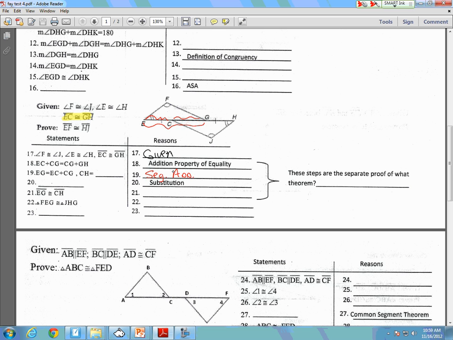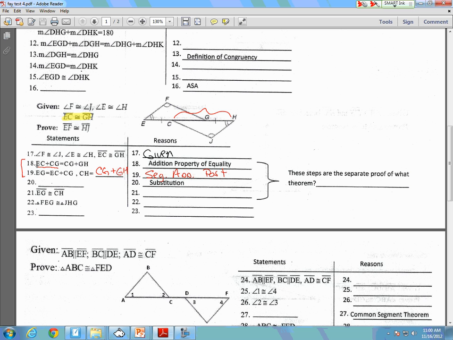Okay. But they're asking over here, what if I did that to E to G, can I do the same thing to CH? So they're asking you, what is CH made up of? And we want to say that it is made up of C to G plus G to H. Now they're telling you use substitution. We've seen that in the past. We're going to take these two statements and use substitution. I know that step 18, I'm going to rewrite step 18.